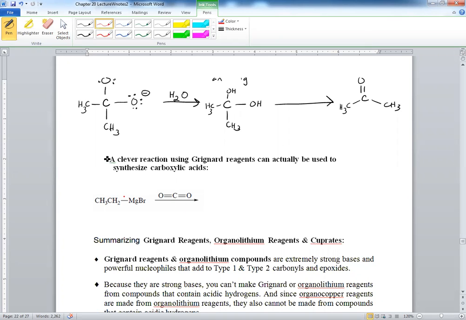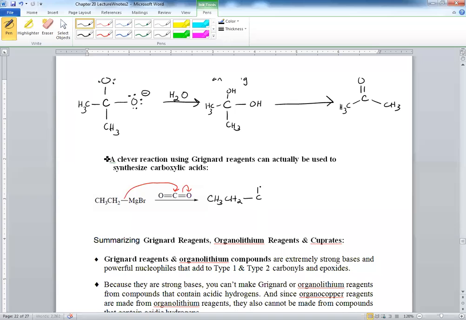But let's see the mechanism. So you know that this is nucleophilic, carbon is electrophilic. So the attack will occur at the carbonyl carbon, and then you will add CH3, CH2.